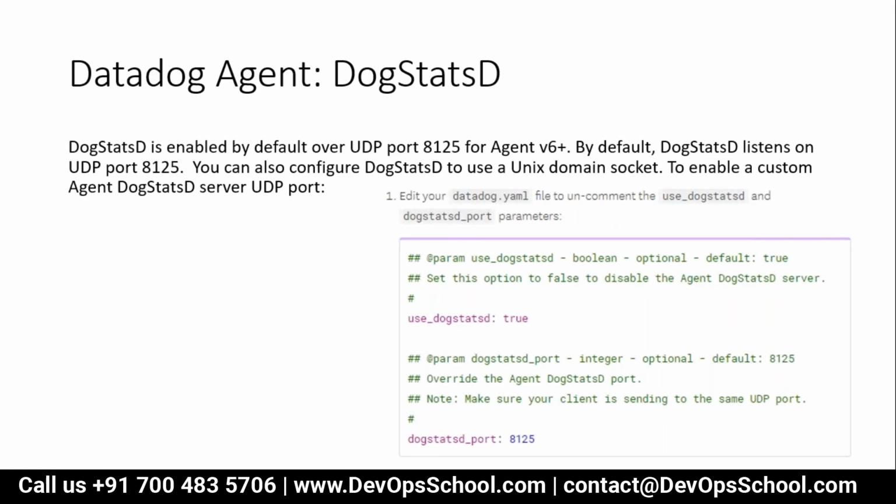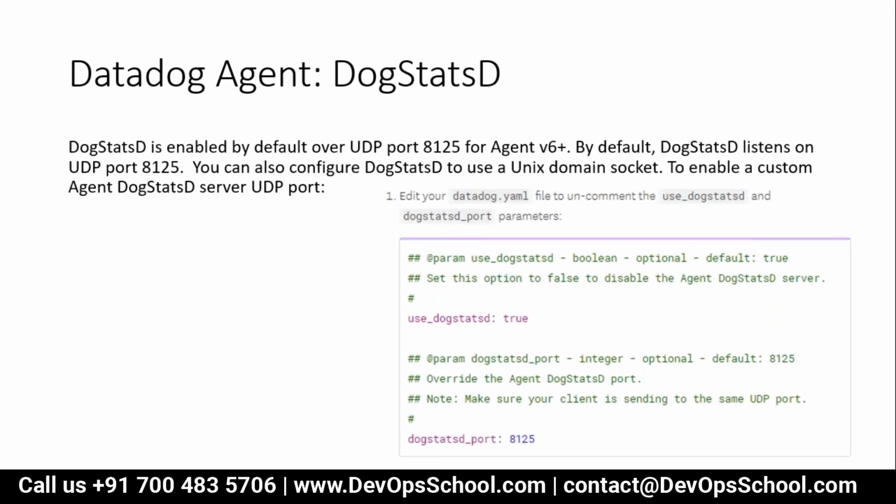If you want to change the port you can do so, but by default it listens on 8125. And you can also configure DogStatsD to use a Unix domain socket, and to enable the custom agent DogStatsD server UDP port you can configure that in a file.